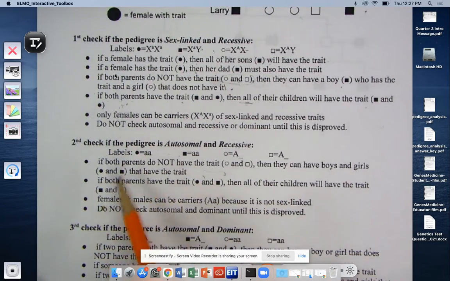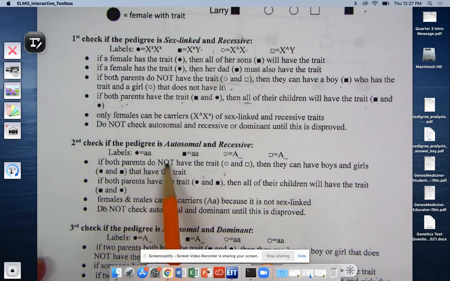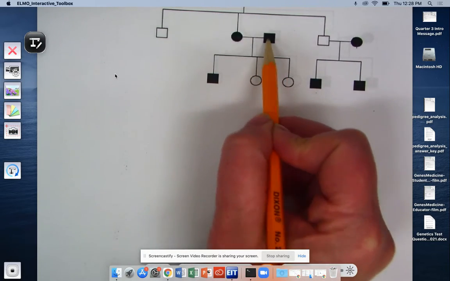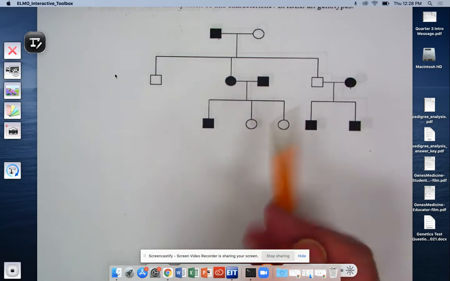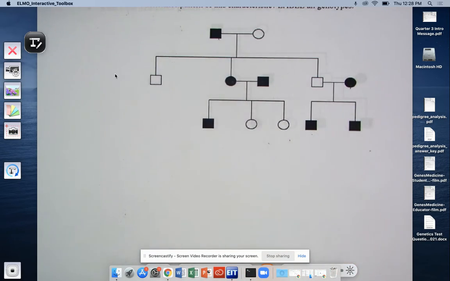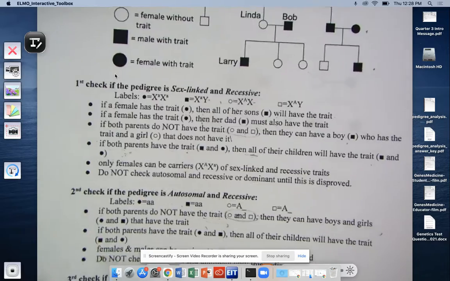If we try autosomal and recessive, it says if both parents do not have the trait, again like this, they can have children with the trait. So we have both parents who have the trait, and they do have a mix. So that's okay. So that's kind of a yes, it works.